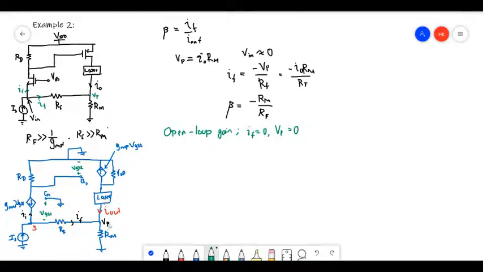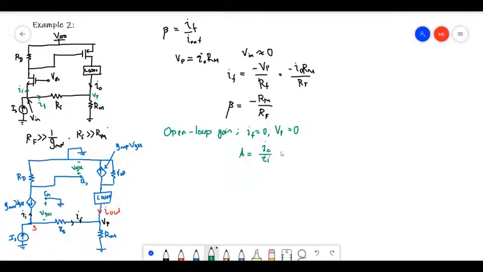If I do this, the open loop gain A will be given by I out divided by I in.